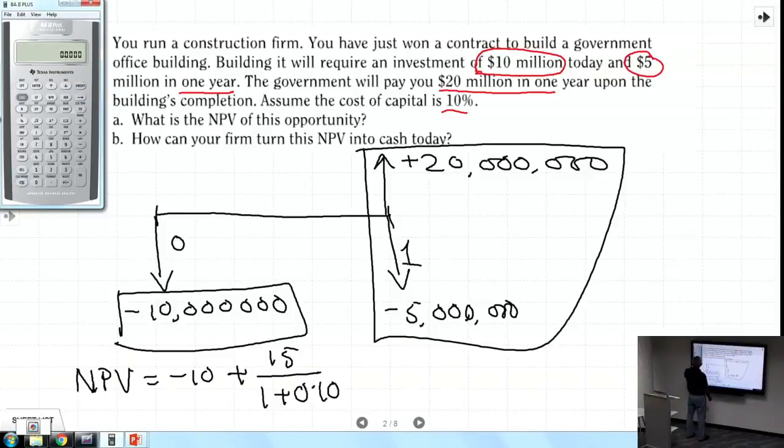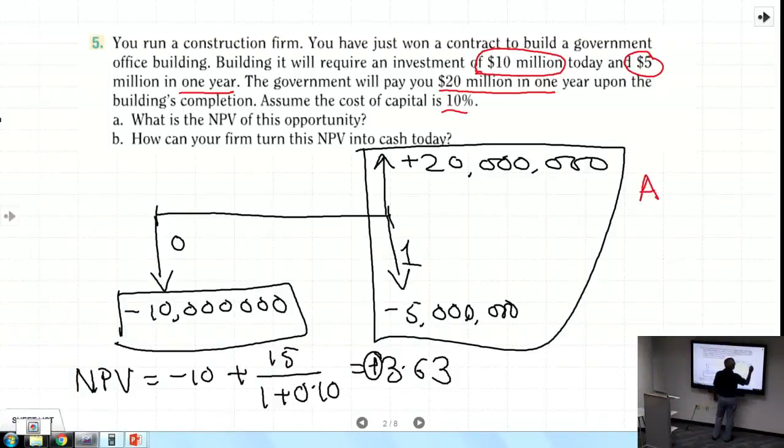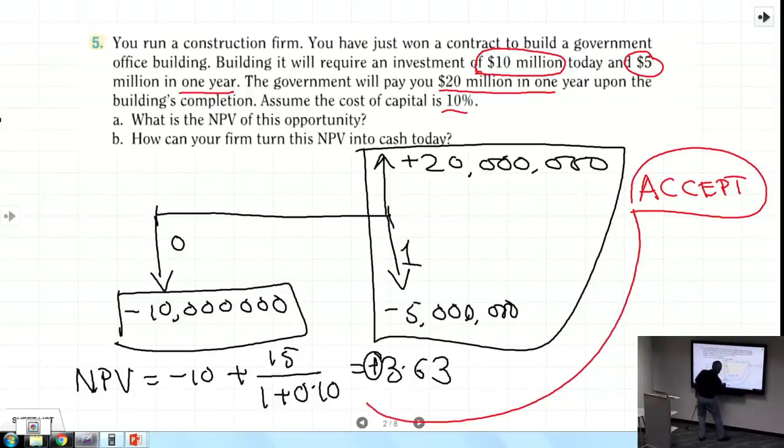So 15 divided by 1.1, that's 13.63, minus 10, that's 3.63. This is a plus. So in this case, we are going to accept the proposition. Why again? Because we have a plus over here. The present value from the benefits this time exceeds the present value from any cost.